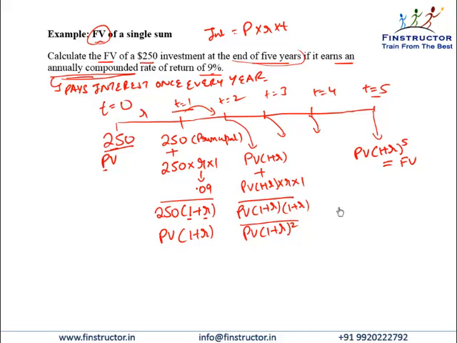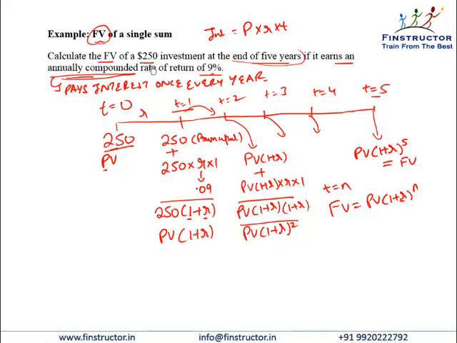More generally speaking, an amount PV invested for n years would have a value equal to PV into 1 plus R to the power n at the end of n years, that is at t equal to n, given R is an annually compounded rate of interest, that is, the bank pays interest at the end of every year.